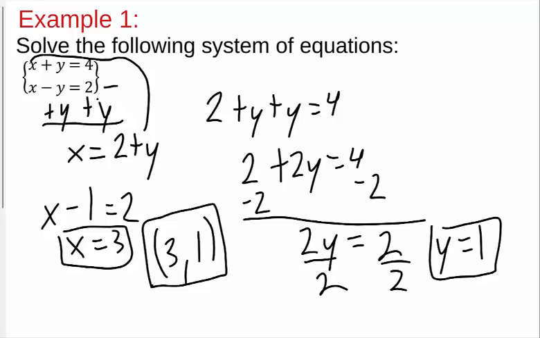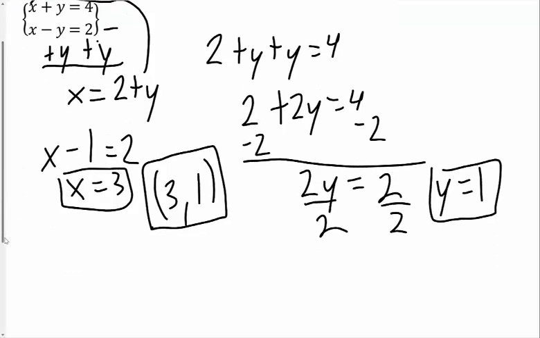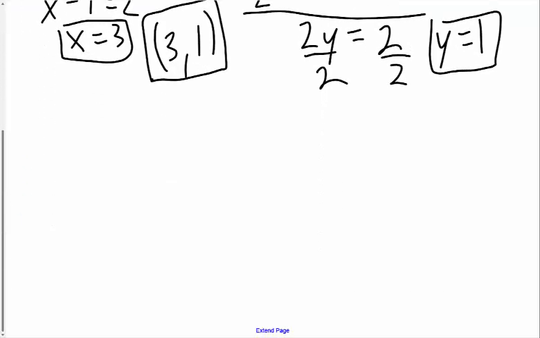Now, that's not the only way we can solve it. We can solve by elimination. Let's look at how we'd use it. So this is x plus y equals 4, and x minus y equals 2. The point of elimination is to combine equations, possibly having to do a multiple of one or the other, to get a variable out of the way, to cancel.